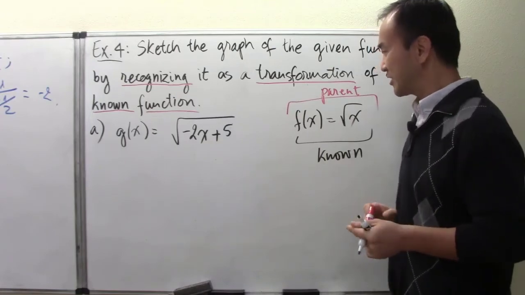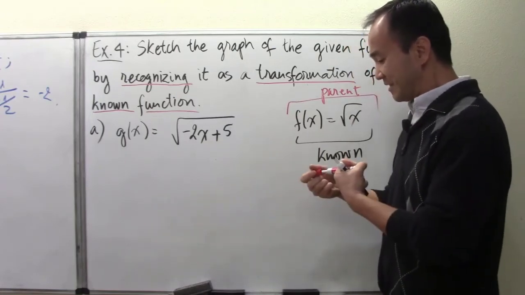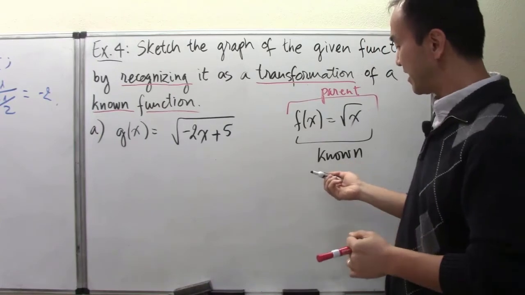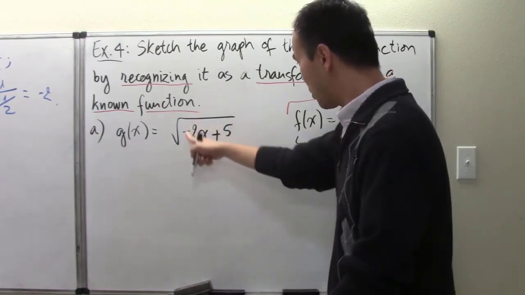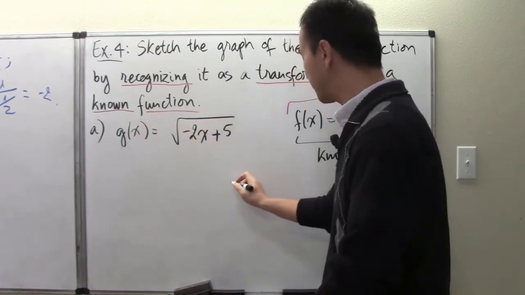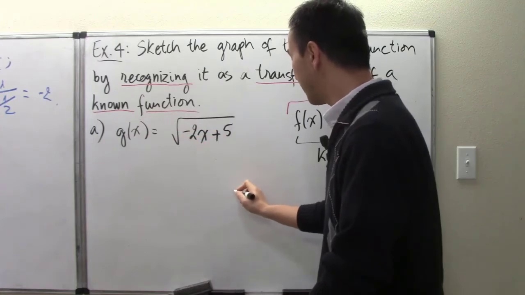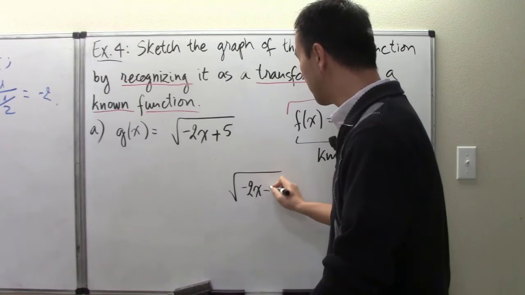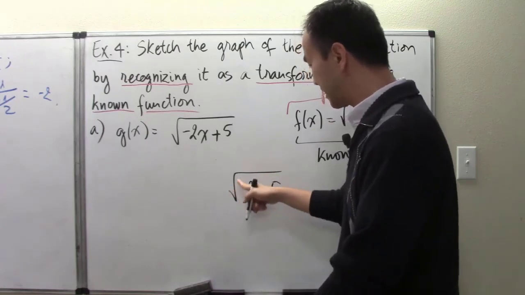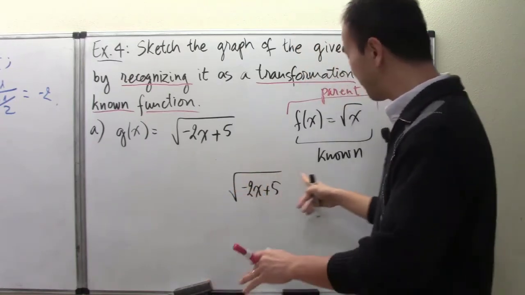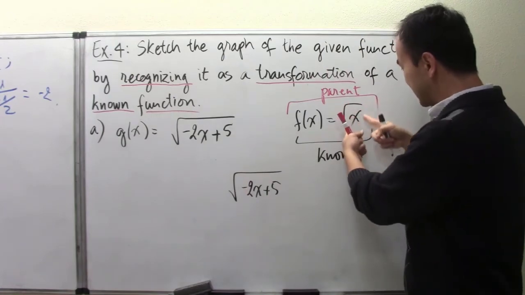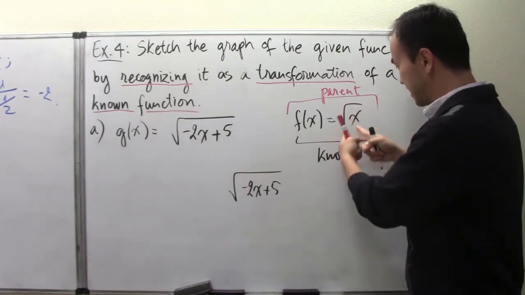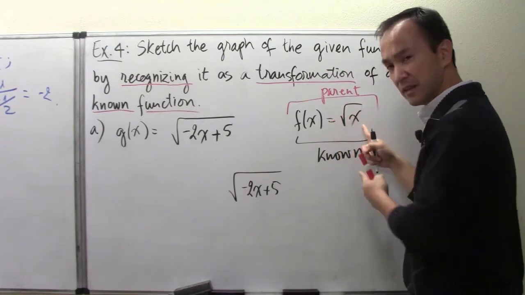Now in this way, here's how I see it. The square root in our function g is a square root of minus 2x plus 5. So I'm seeing that it's almost the same, except that f of x is just the square root of a simple x.